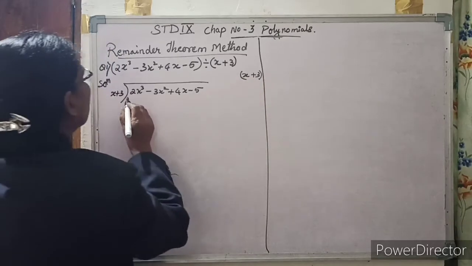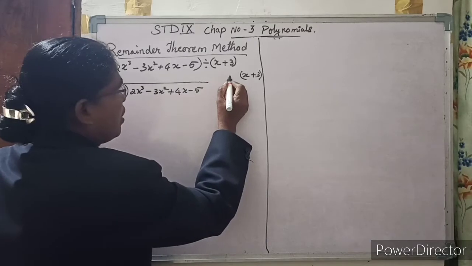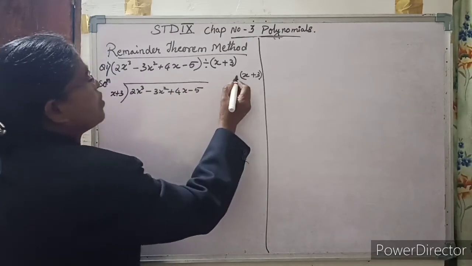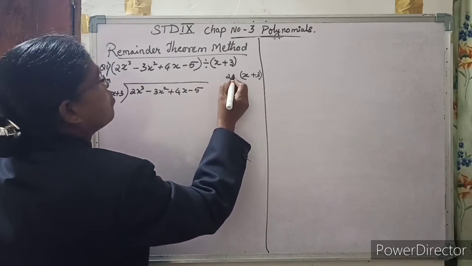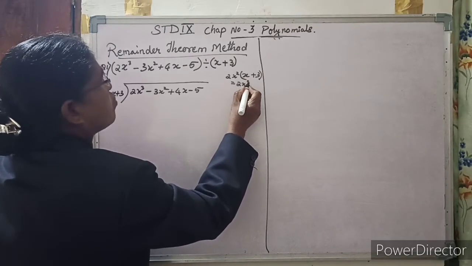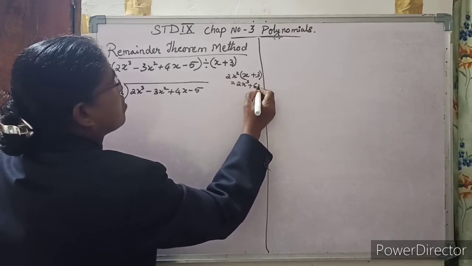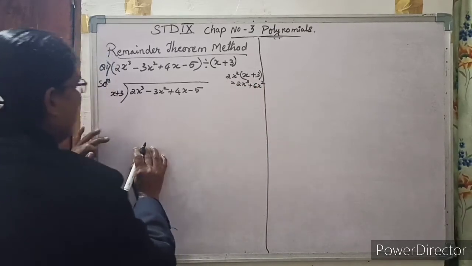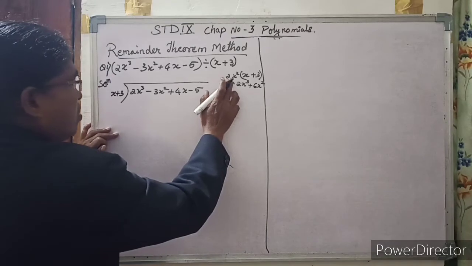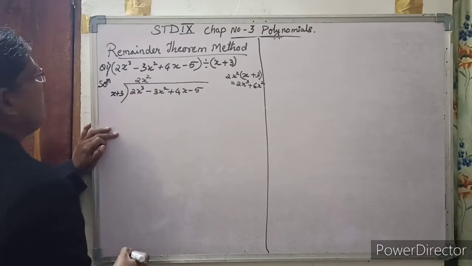This divisor you multiply in such a way that we should get 2x cube. So to get 2x cube, we should multiply this divisor by 2x squared. Then I will get 2x cube plus 6x squared. So this is the first term of the quotient, 2x squared.